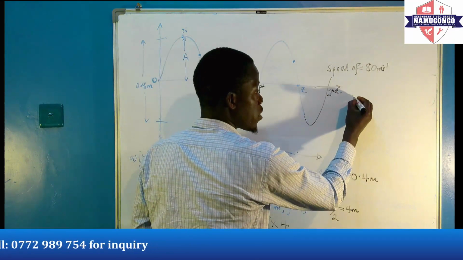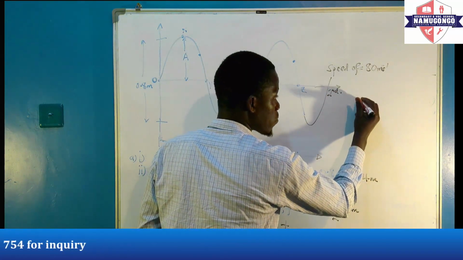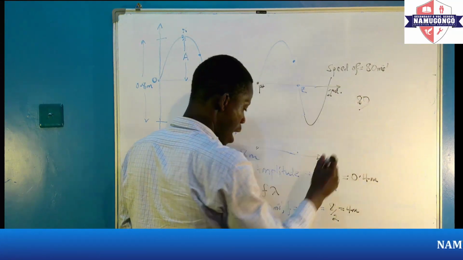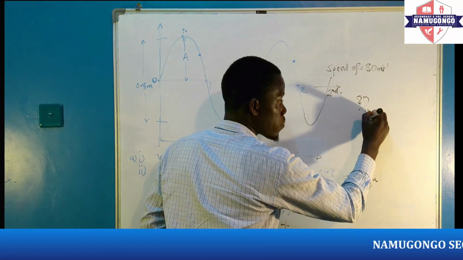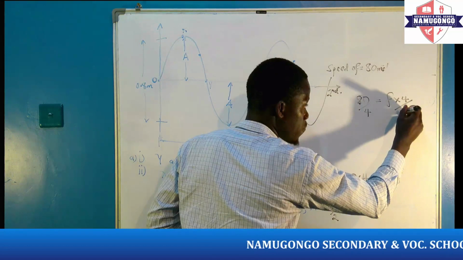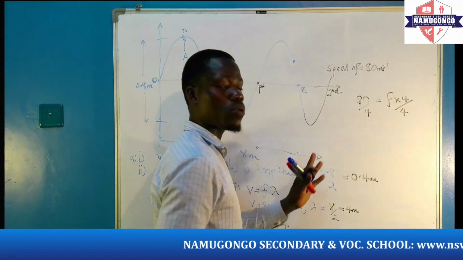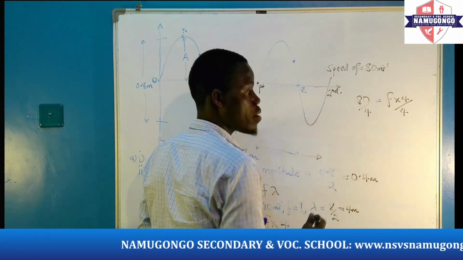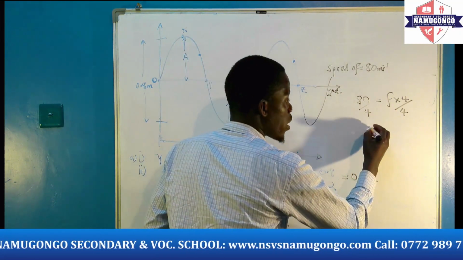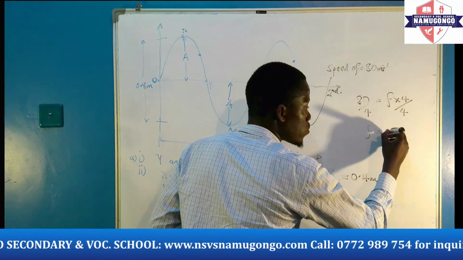So V, which is 80, divided by 4 will equal to F times 4 divided by 4. 4 and 4 this side will cancel. 80 divided by 4, we get 20. So F is equal to 20.